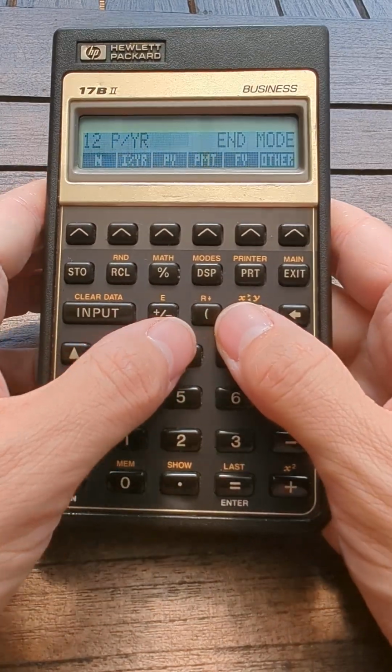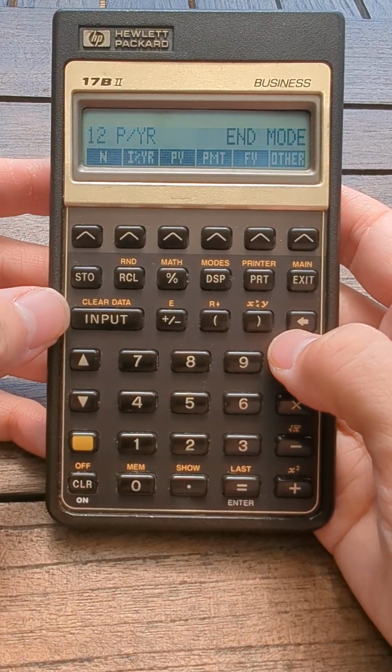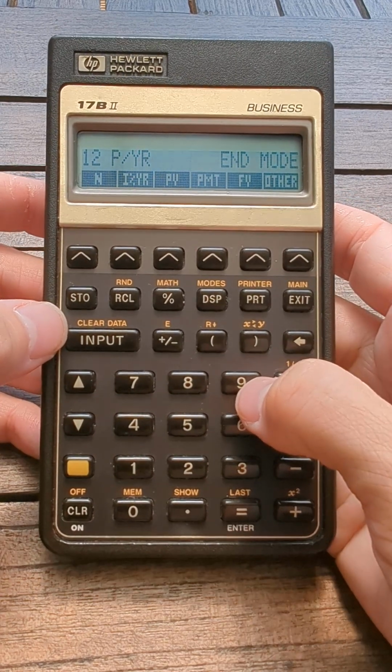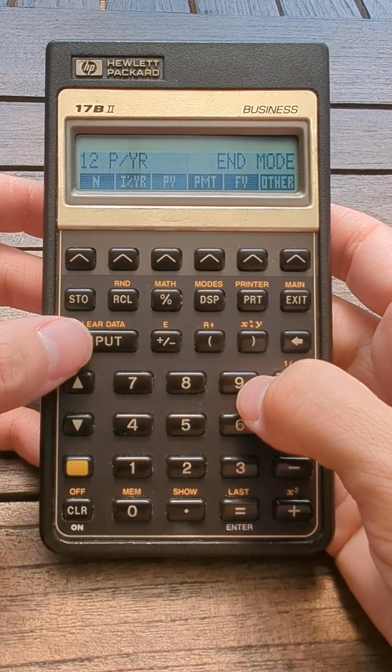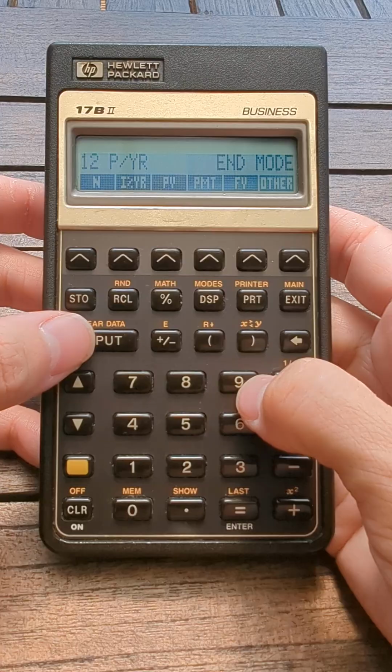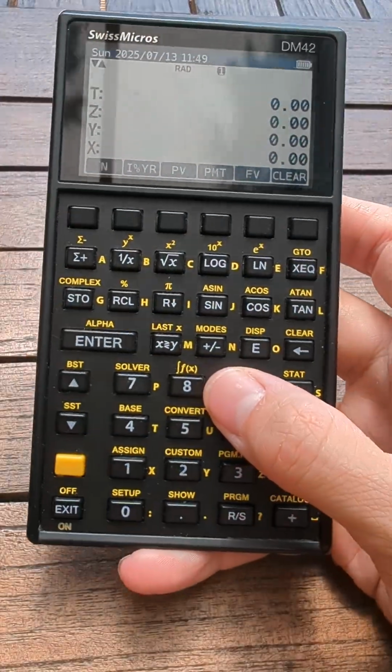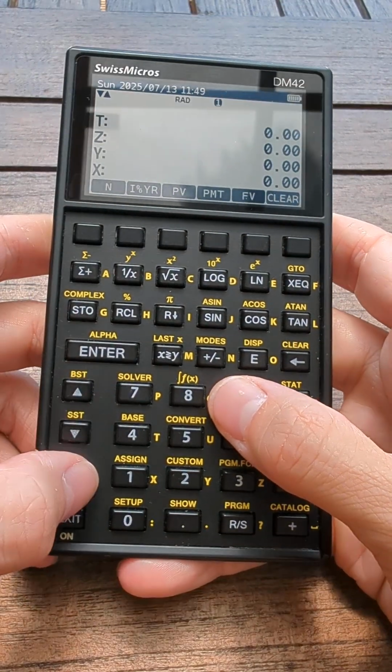I thought I'd do a quick video since I've got the 17B2, and this is partly inspiration for Plus 42, which is a lot of the inspiration for my DM42 TVM solver.